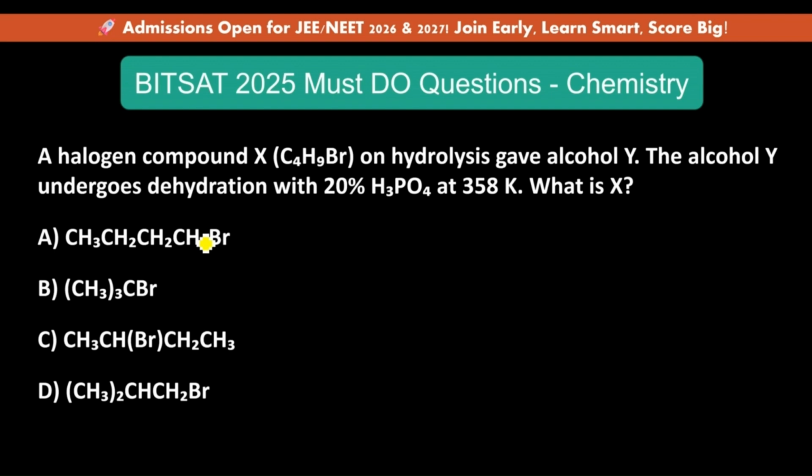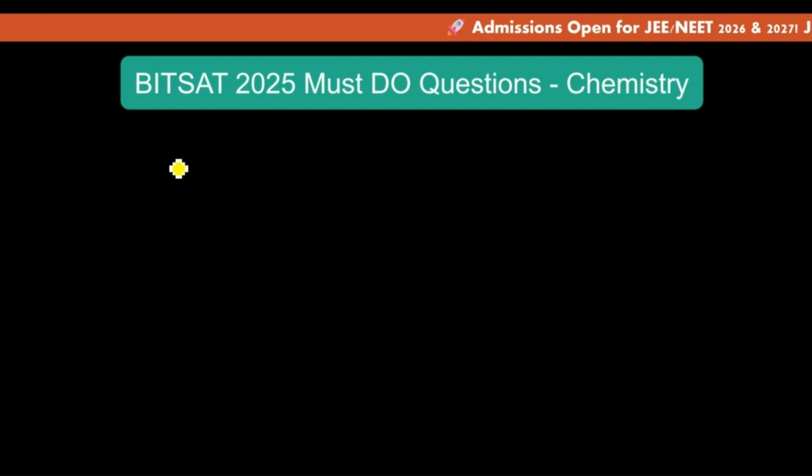Then halogen compound X, C4H9Br, on hydrolysis gave alcohol Y. The alcohol Y undergoes dehydration with 20% H3PO4 at 358 Kelvin. What is X? Okay. So first of all, we have C4H9Br with H2O.